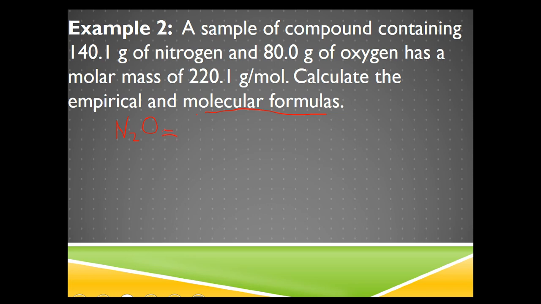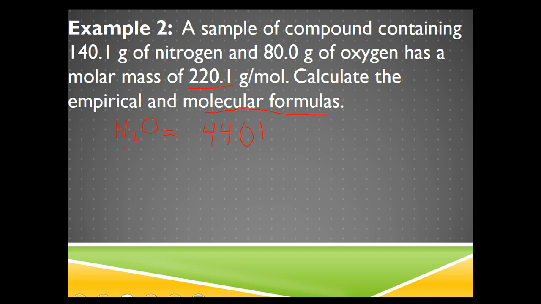So what does N2O weigh? Well, there's 2 nitrogens and there's 1 oxygen. If you add that up, you get 44.01 grams per mole.